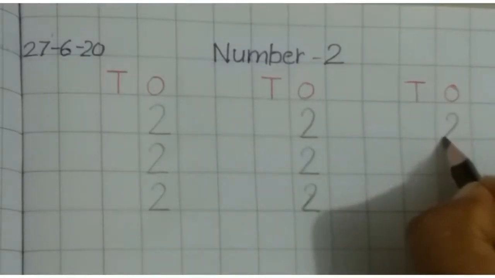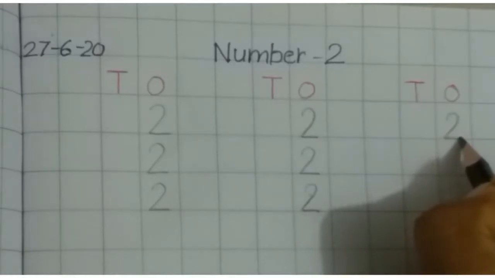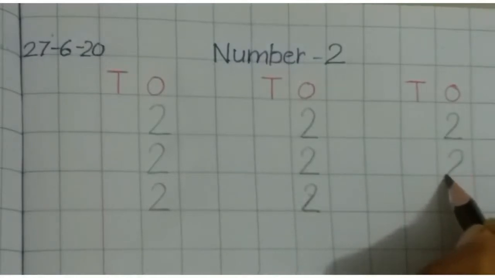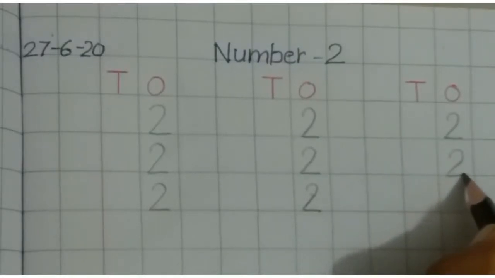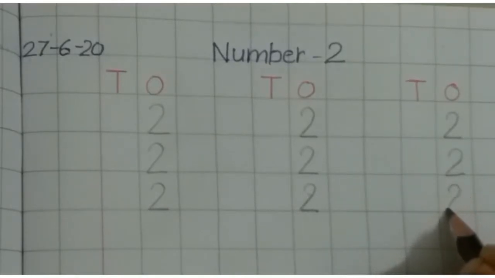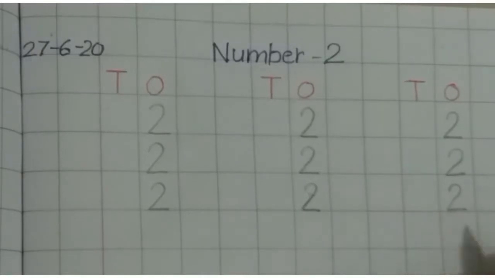And the last time, make a curve, slant line, slipping line. This is our number 2.